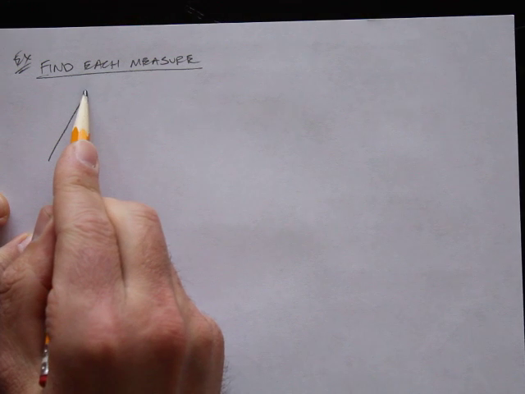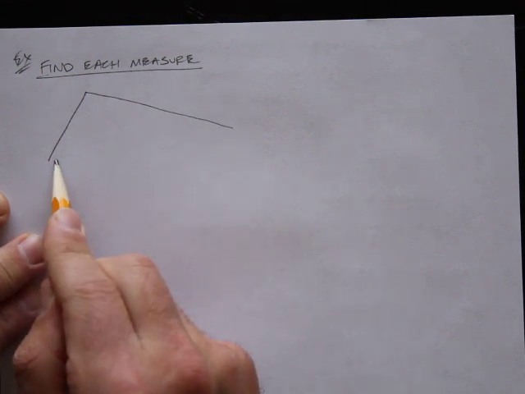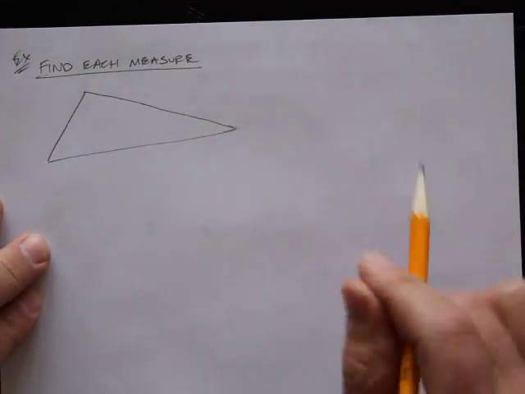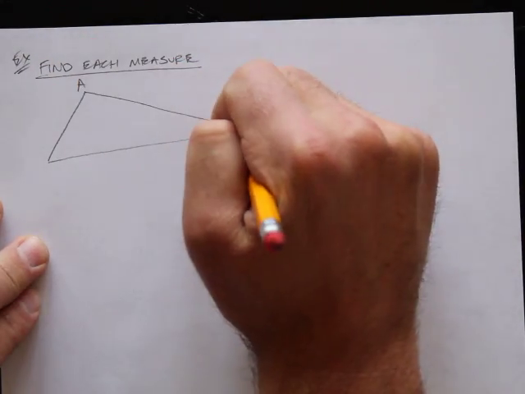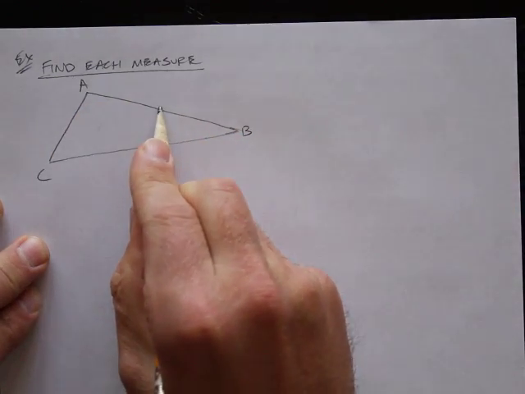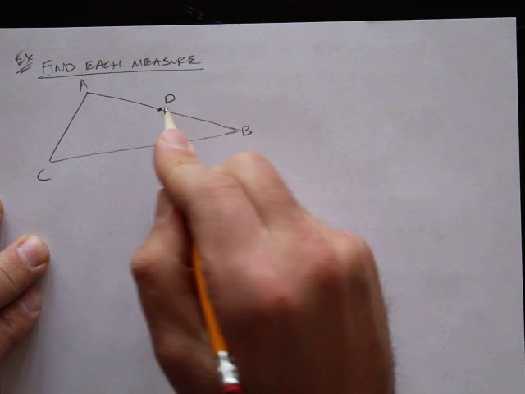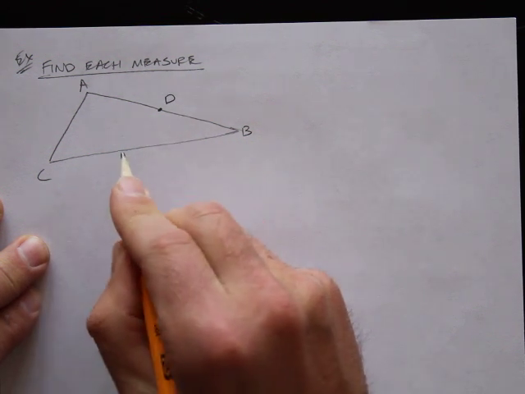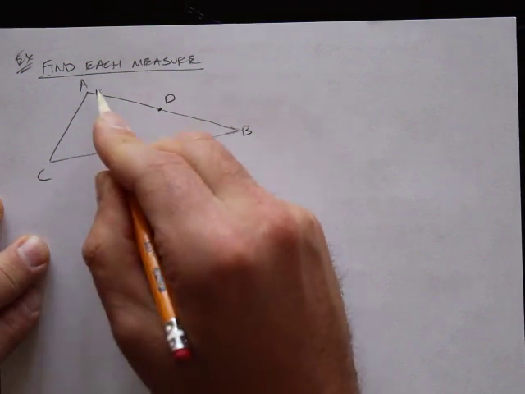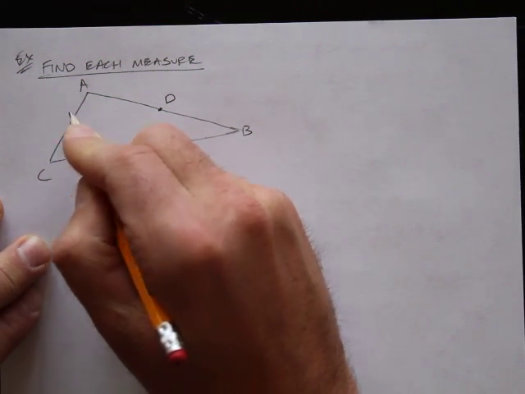Big side here, big triangle there, side there, and a big side. So we're drawing this nice big fat triangle. This is triangle ABC. Now, right here in the middle of AB, I have a point, and that is point D. Right in the middle of CB, I have point E, and right in the middle of AC, I have point F.